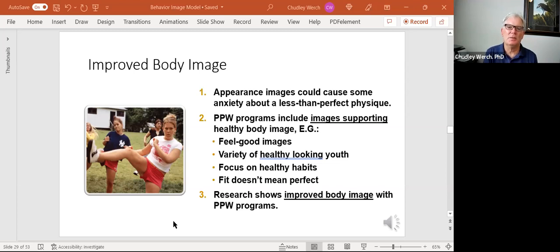So that's why all PPW content is about feel-good images, a variety of healthy looking youth of different ethnicities, ages, activities, body shapes. Focus on healthy habits. And fit does not mean being perfect, a really important message. And research has shown PPW programs result in improved body images, so very positive outcomes.